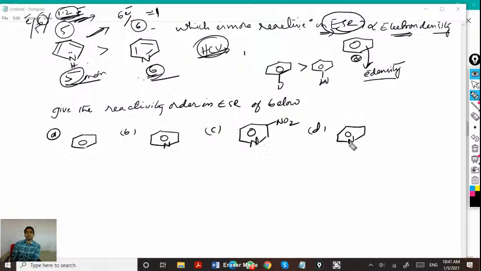Try to find out. So quickly, try to give the order of the reactivity. What could be the order?